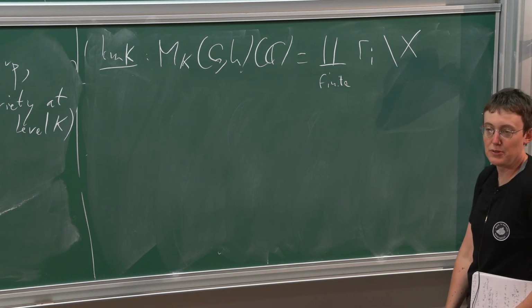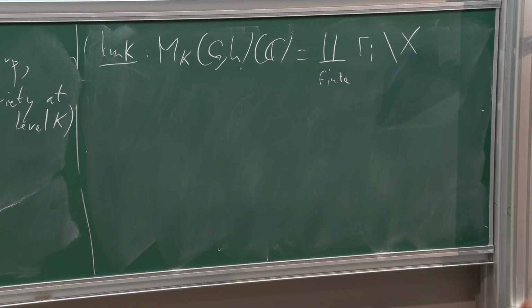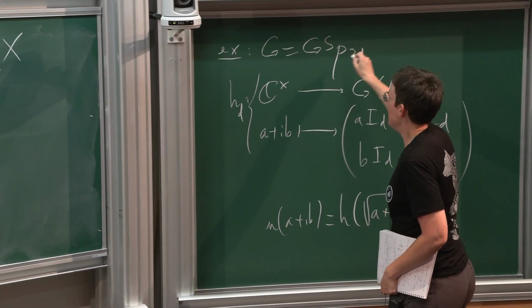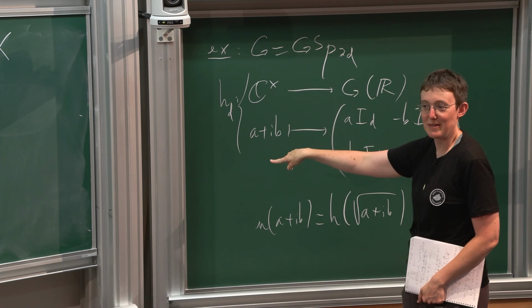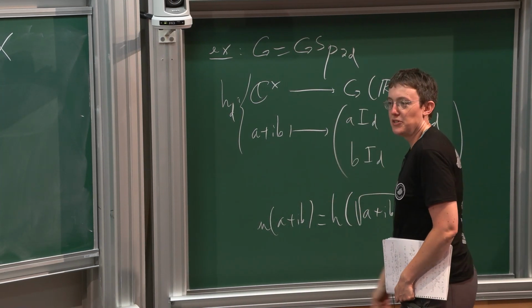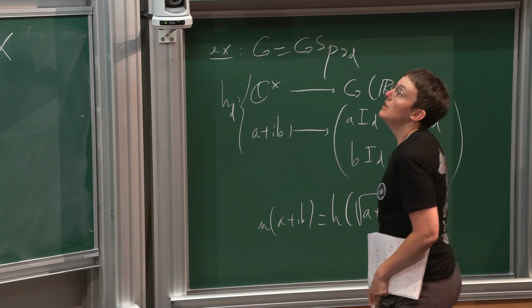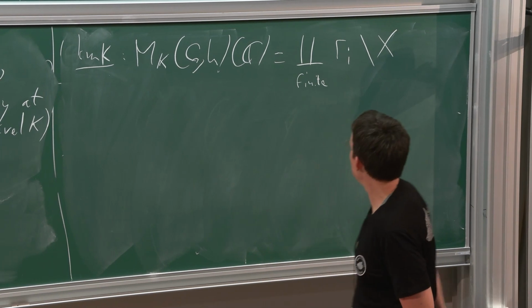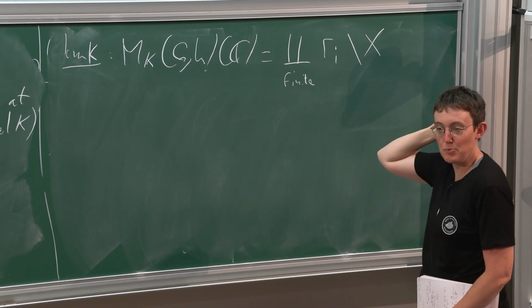For example, in the case of GSp, I'm saying this is an example of a Shimura datum. In the case of GSp, X is going to be this H_D that we still have on the board. It's not connected, but that's okay. It has connected components.